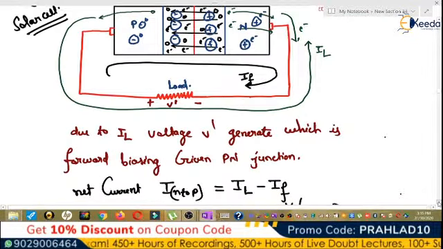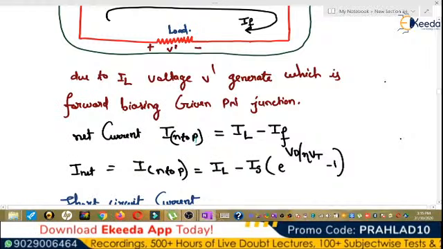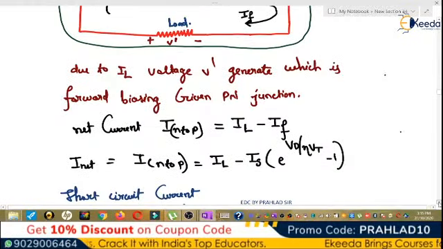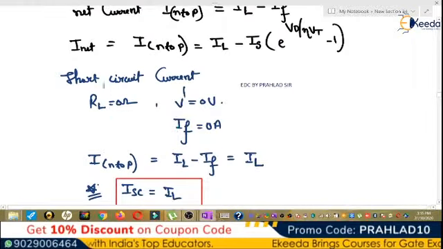So the net current flowing from N to P is IL minus IF, because IF is flowing from P to N. IF is IS into e to the power Vd upon eta Vt, minus 1. Now we calculate the short circuit current when load resistance is 0.